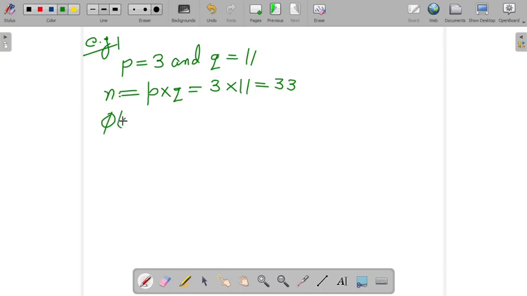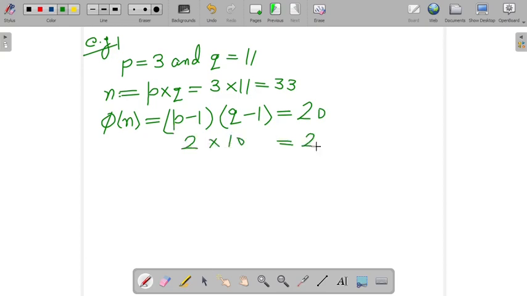What will be phi N? Phi N is P minus 1 times Q minus 1, which is 2 multiplied by 10, equal to 20.